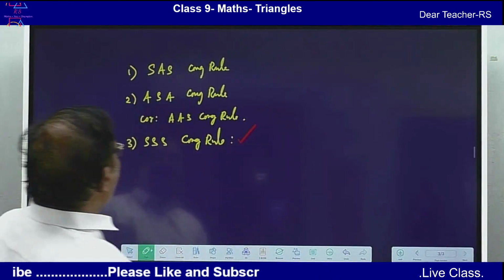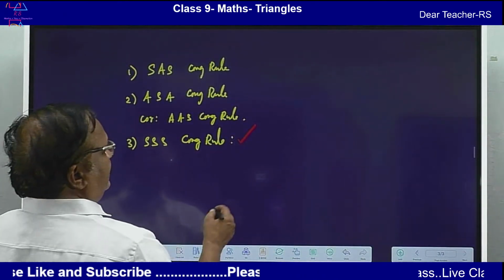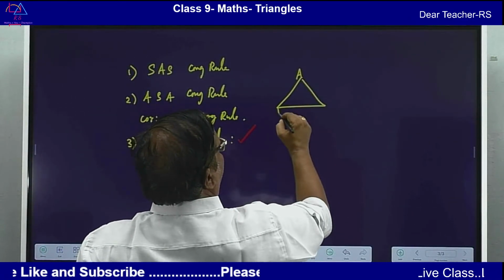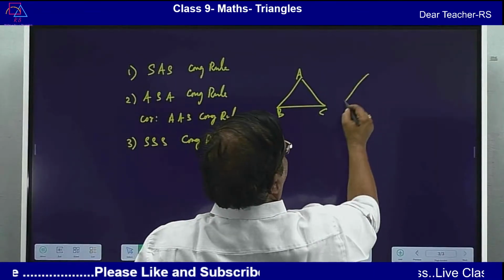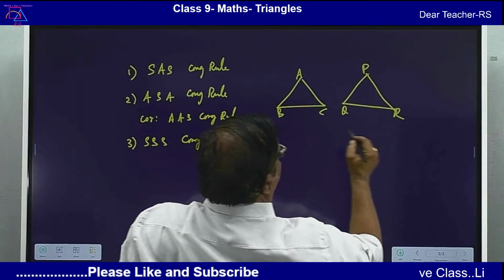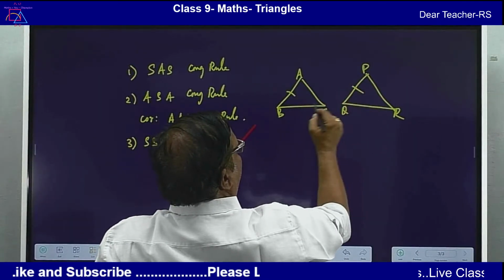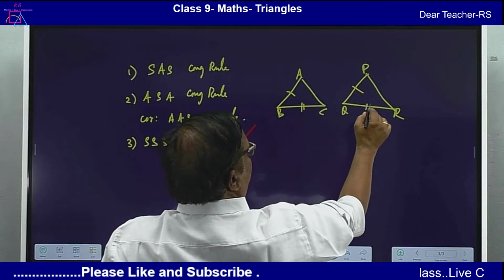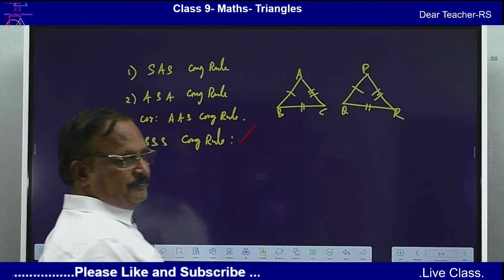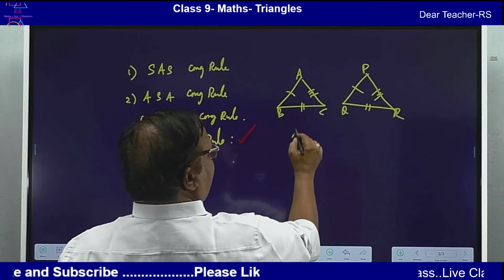So this is a congruency rule. I will draw the diagram for you. This is ABC, a triangle, and PQR is one more triangle. I'm drawing just roughly. So AB is equal to PQ, BC is equal to QR, and AC is equal to PR. That means all the three sides are equal.